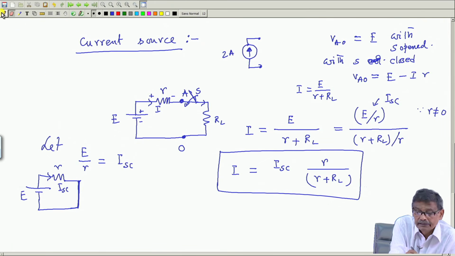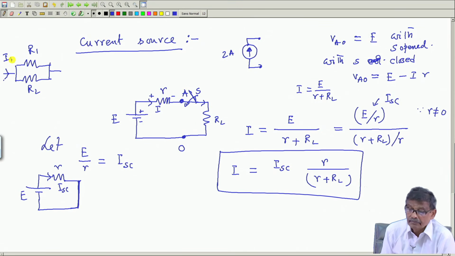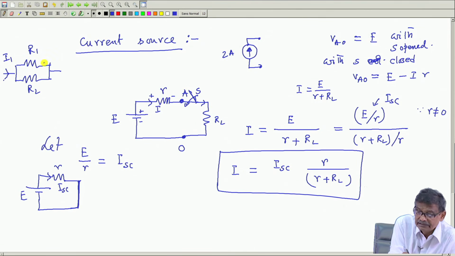What I am telling is this: suppose you have two resistances, we have used this idea in the first lecture. Suppose this current is known, I, this current is I1, this current is I2.